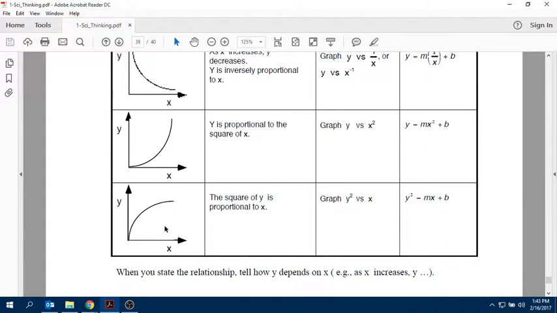Finally, the last version we'll see is where y is squared and x is normal. Here, when x is quite small, y is small as well, and as x increases, at first y increases really quickly, but then it starts to level out and eventually reach a plateau, a maximum that it'll hit.